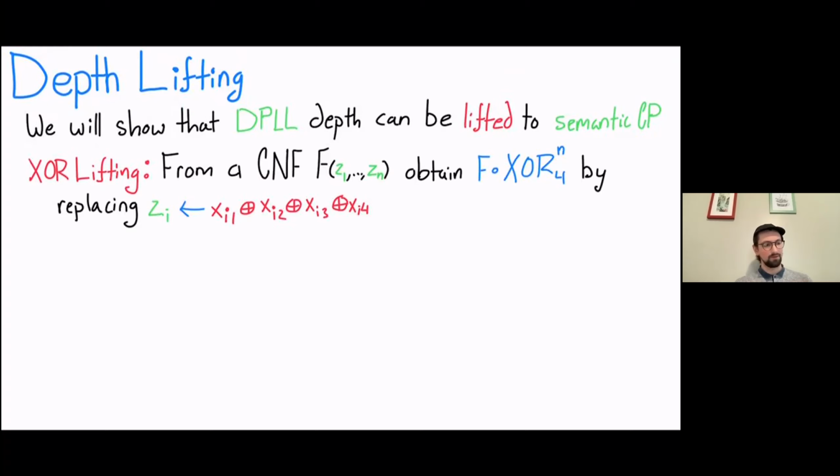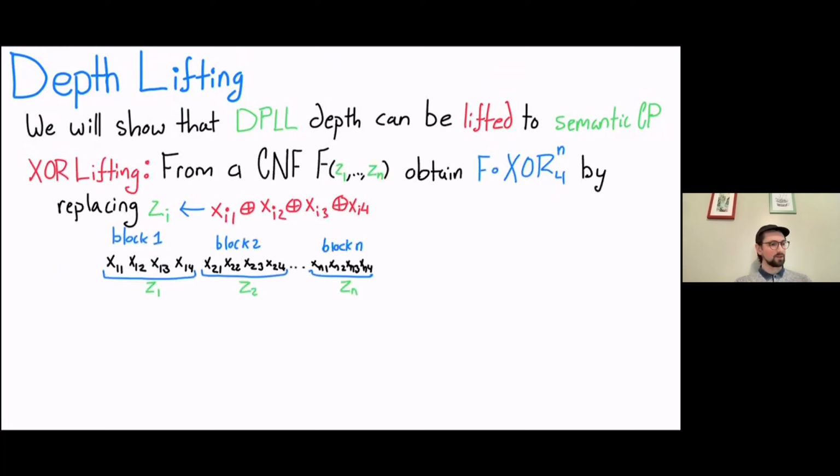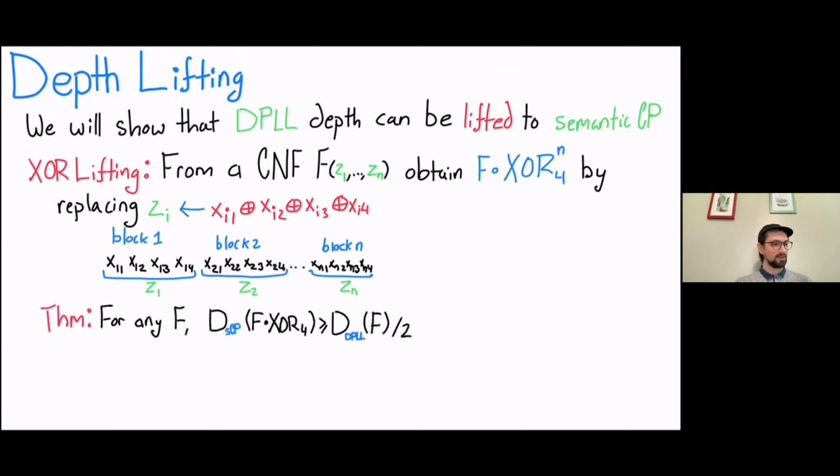So we take F, we replace each variable with the XOR of 4 new variables. We have one block of new variables for each initial variable z_i. And then our theorem says that for any CNF formula, the depth of refuting it in semantic cutting planes, when you compose it with this XOR, is at least the DPLL depth over 2.